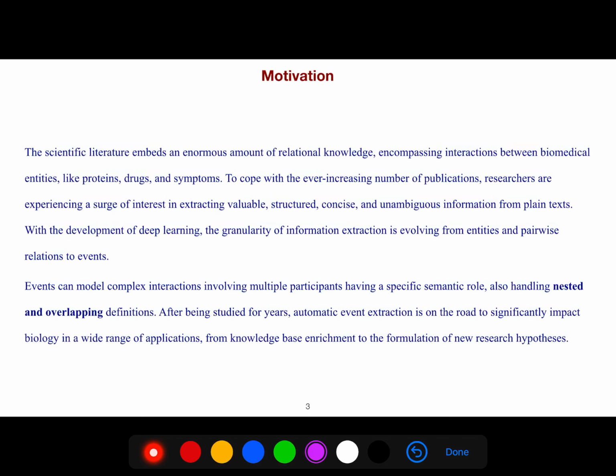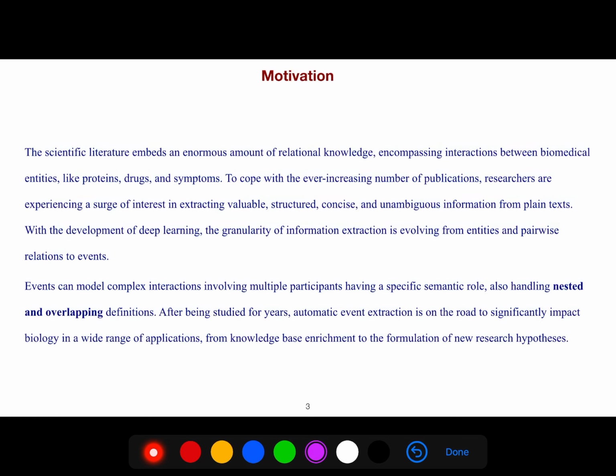The scientific literature embeds an enormous amount of relational knowledge encompassing interactions between biomedical entities like proteins, drugs, and symptoms. To cope with the ever-increasing number of publications, researchers are experiencing a surge of interest in extracting valuable, structured, concise, and unambiguous information from plain text.